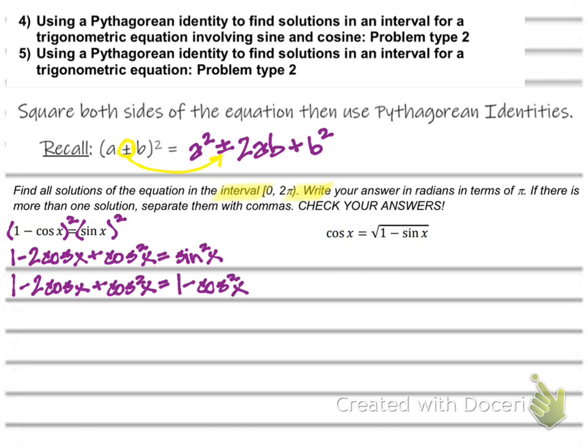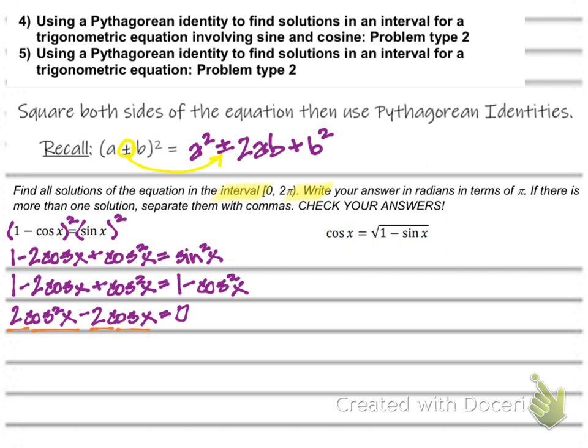So let's put everything together. If I add the cosine squared to both sides, I'm going to have 2 cosine squared x minus 2 cosine x. And let's see, I have a 1. If I subtract it, my 1s are going to cancel, right? So equals 0. So now I only have 2 terms to factor, and they both share a 2 and a cosine, right?